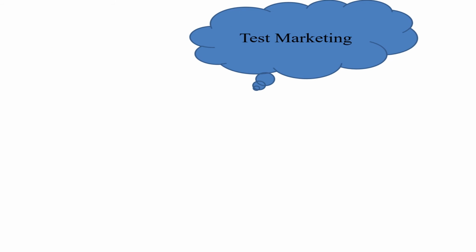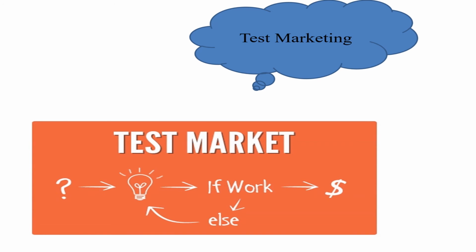Test marketing. If the product passes the functional tests, the next step is test marketing, the stage at which the product and the market program are introduced to a more realistic marketing setting. Test marketing gives the marketeer an opportunity to tweak the marketing mix before going into the expense of a product launch.